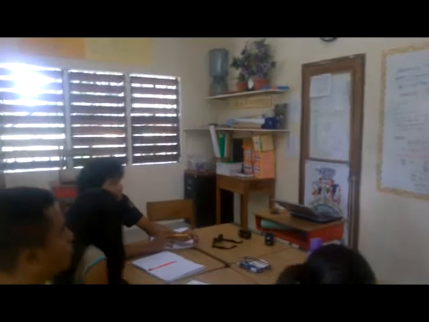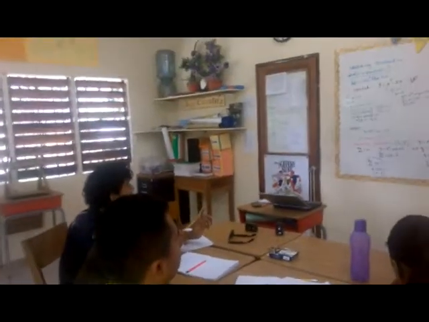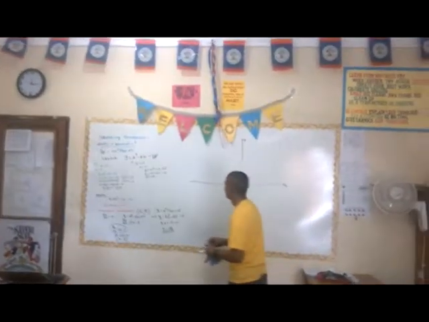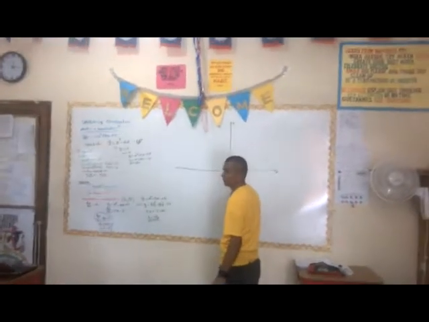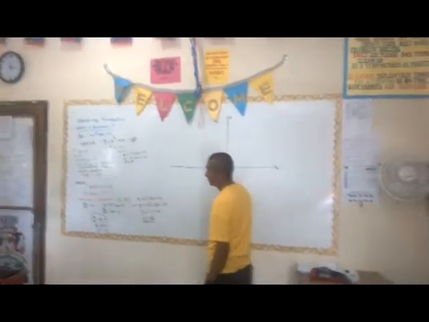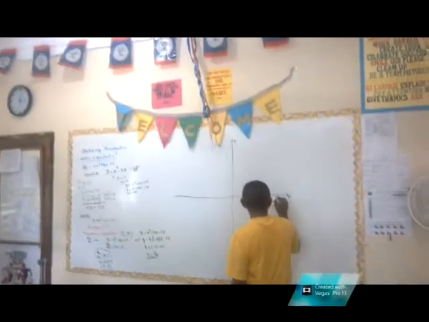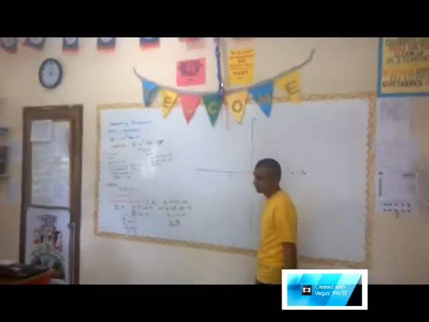Draw the Cartesian axes. We got the points. So it's going to cut the x-axis at 5 and negative 3.